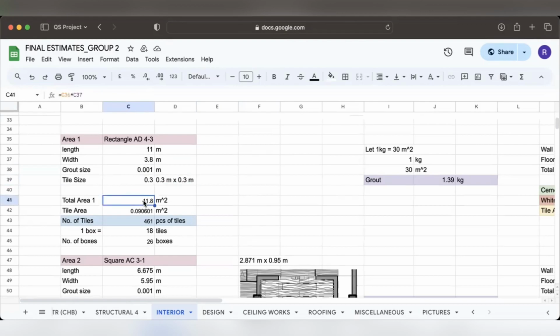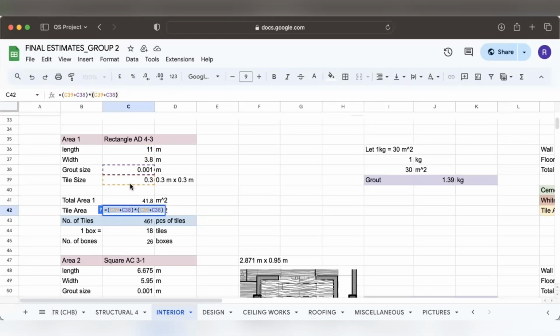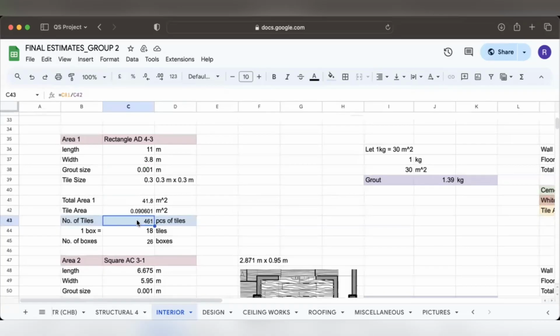To get the total area, we multiply the length by its width. To get the tile area, we multiply the tile size times itself. We have a total area of 41.8 square meters and a tile area of 0.09 square meters.